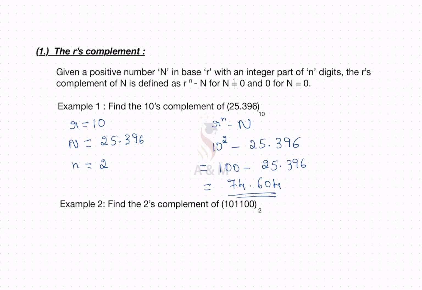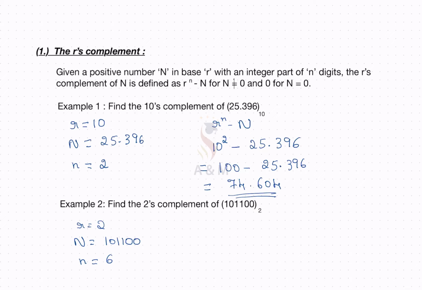Here we have R is equal to 2 since the base of this number is 2 and N is equal to 101100, which is the given number, and n, that is the number of digits in the integer part, is equal to 6, since we have 6 digits.